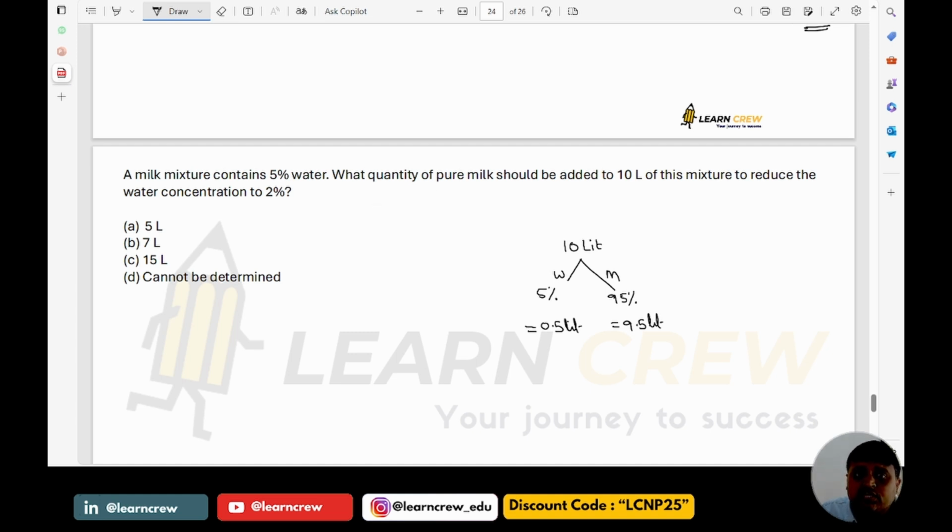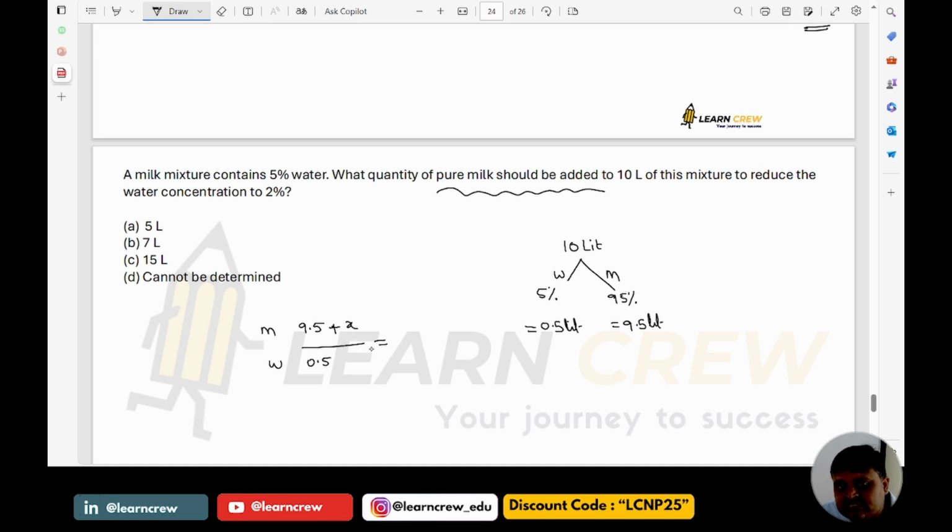And what quantity of pure milk should be added to this mixture? So milk is 9.5 and water is 0.5 initially, right? Now to this what you have added? Pure milk is added. So additional x liters of milk is added.